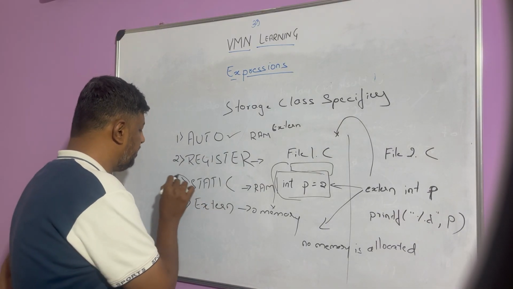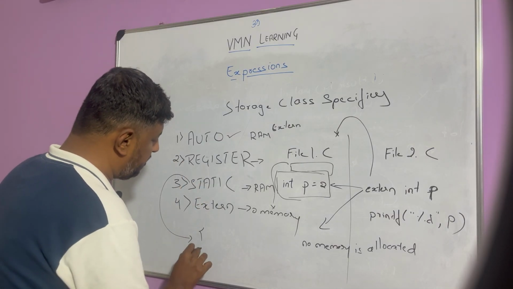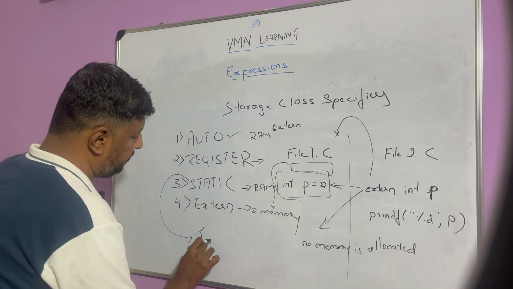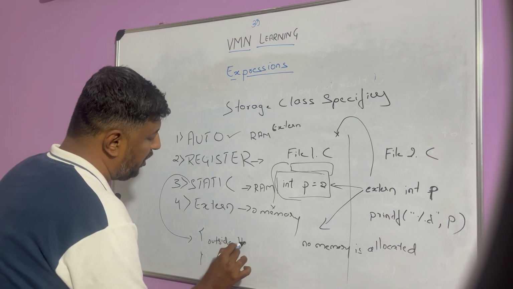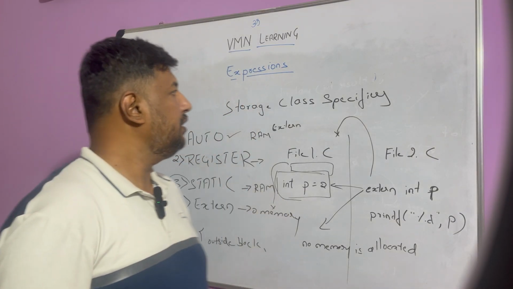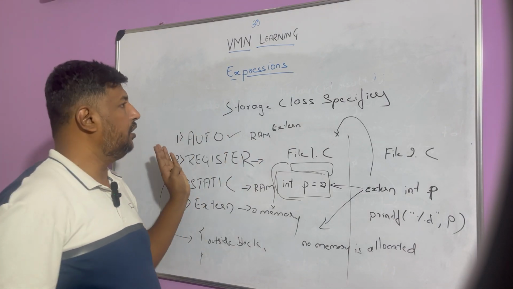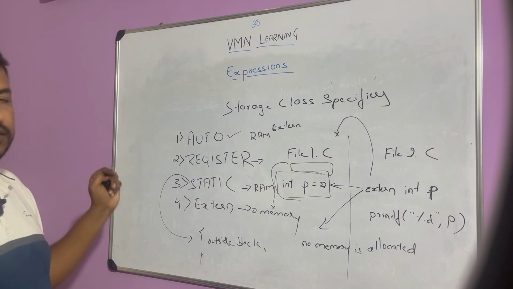And static will be used outside the block. Okay, so these are the four storage class specifiers: auto, register, static and extern.